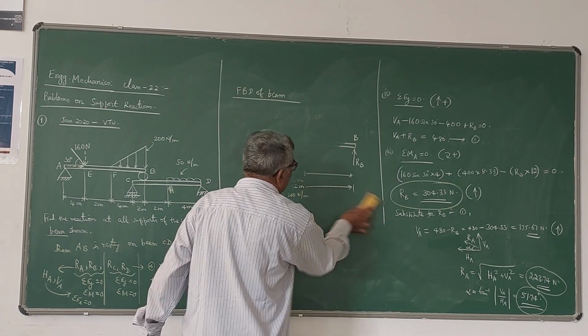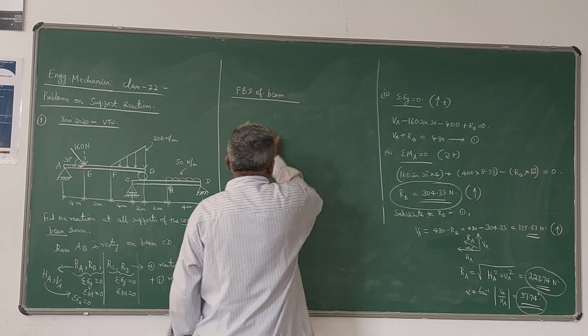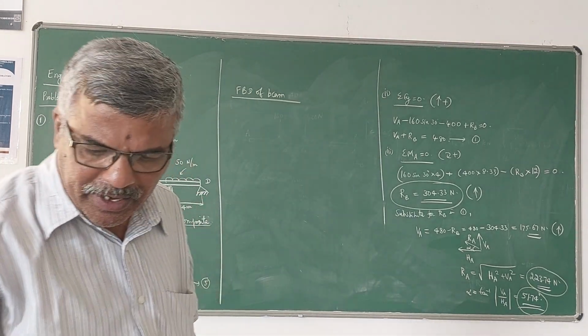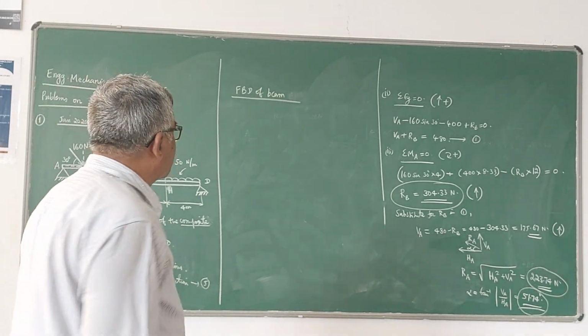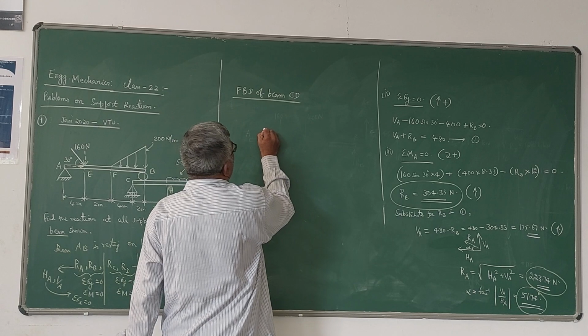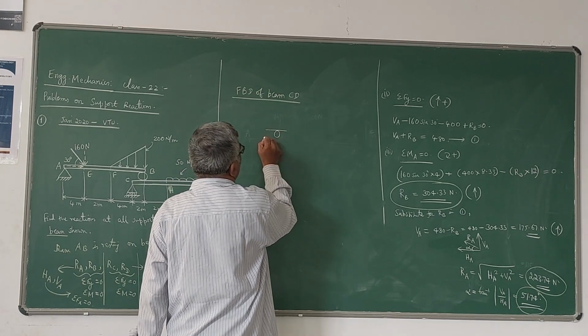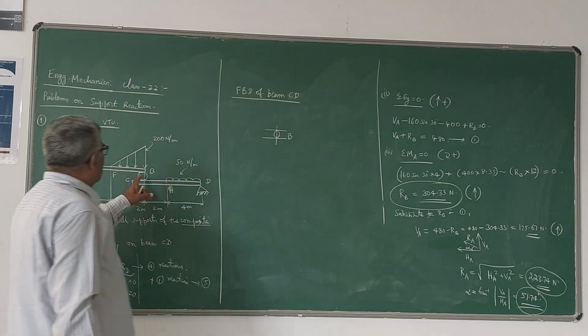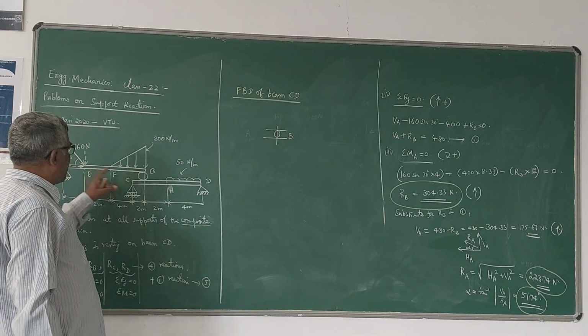Now one step is very important here. Whatever reaction is developed at the point B, for beam CD, B is here like this. You have to understand this concept here. B is a common point for both the beams AB and CD.